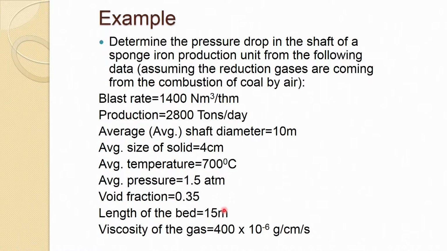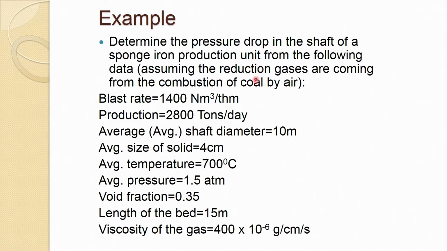So naturally we need to know the Reynolds number, and not only the Reynolds number, we need to know the density of the gas. We can find out the density of the gas only once we know the composition of the gas.